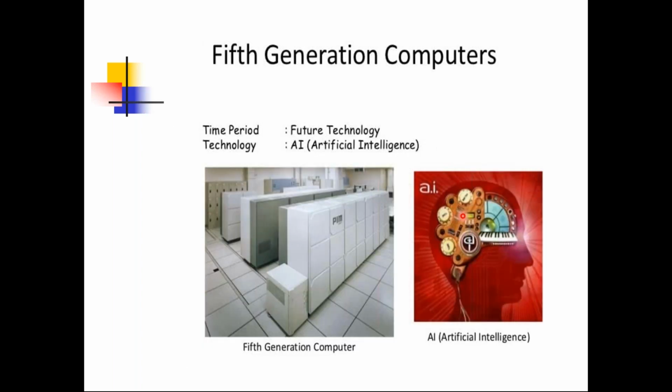And the next generation is the fifth generation. It simply involves AI, artificial intelligence. What is this artificial intelligence? So far in four generations, we have seen that if you want to perform some task, a user is supposed to give the instructions.